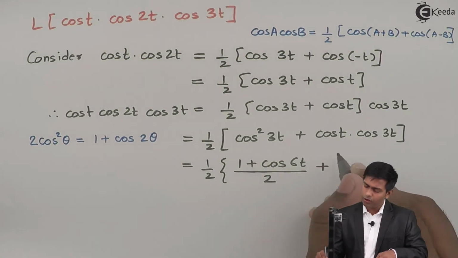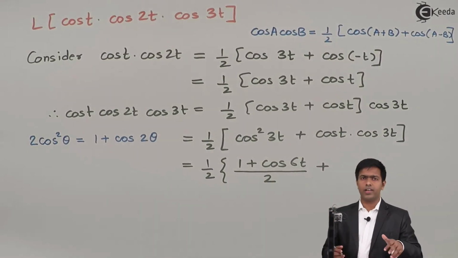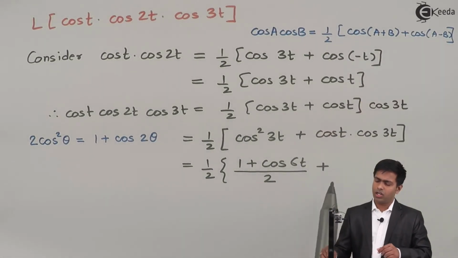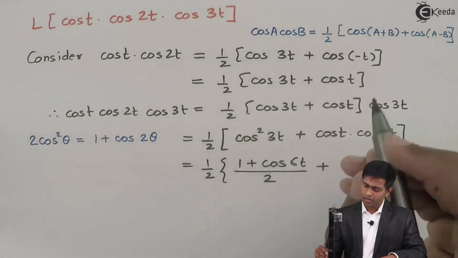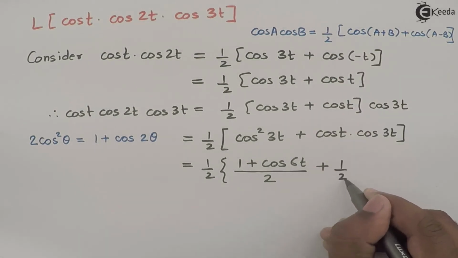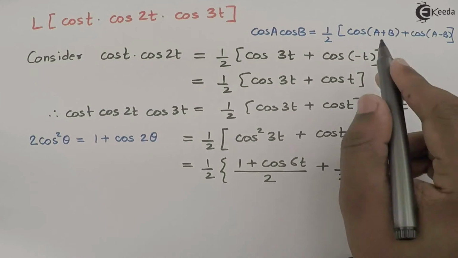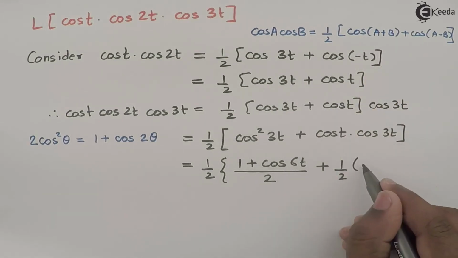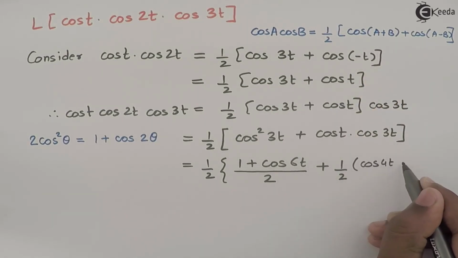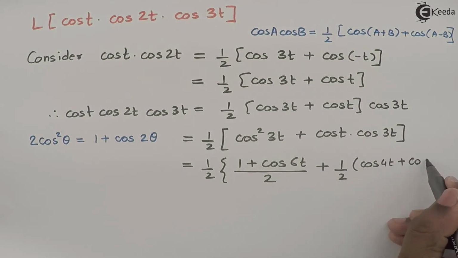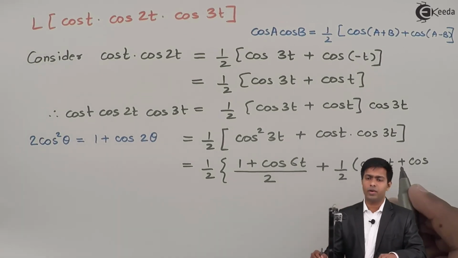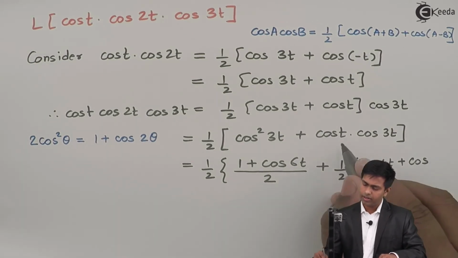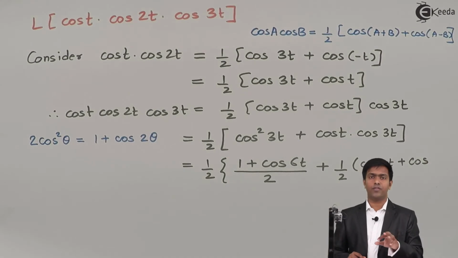Now how to get value of cos t into cos 3t? So for that we'll again apply the above formula. So here t is my A and 3t will become B. So it will become 1 by 2 in bracket cos of A plus B, t plus 3t, that is cos of 4t, plus cos of A minus B, that is t minus 3t, will become minus of 2t.